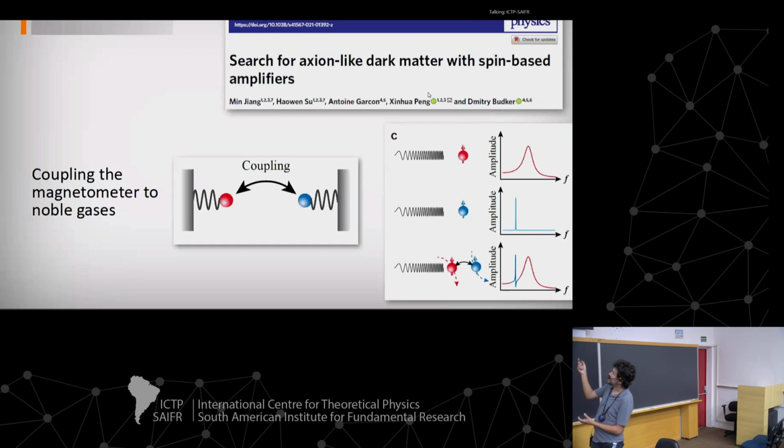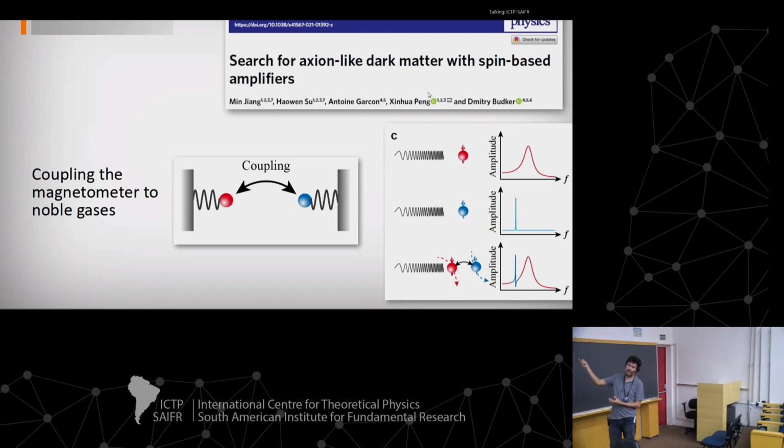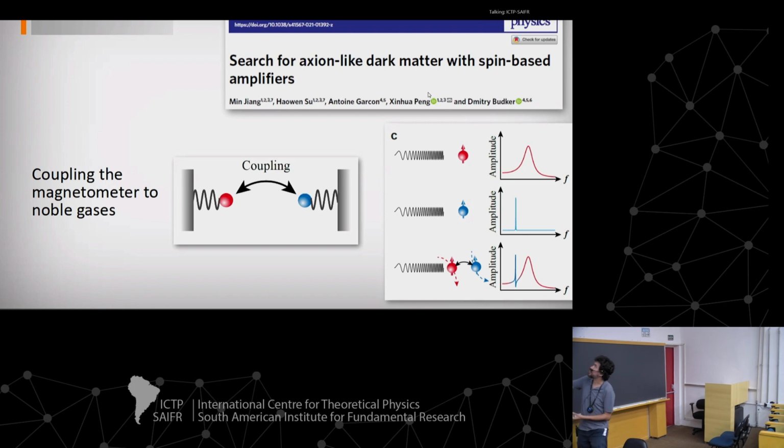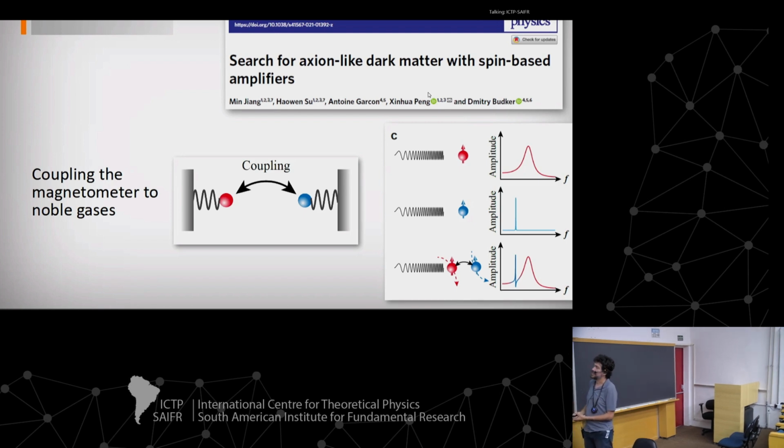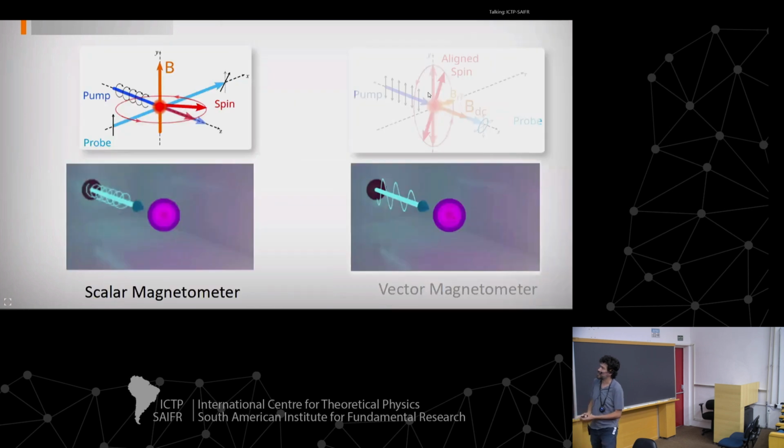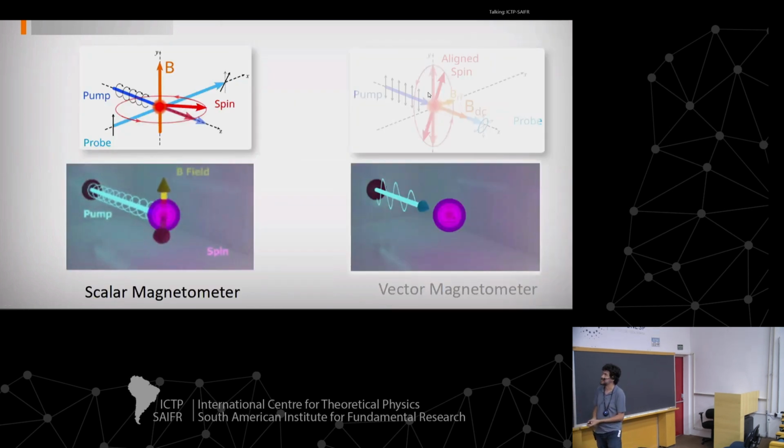And more recently, it's been shown that you can couple these atomic magnetometers with noble gases. By doing this coupling, you can have an enhancement of the sensitivity of the magnetometer. And this enhancement is used to look for axion-like particles for dark matter. So these are more or less the most recent applications of this kind of sensors.